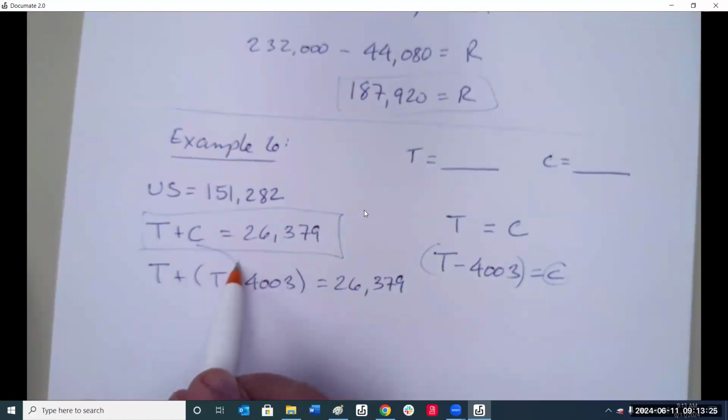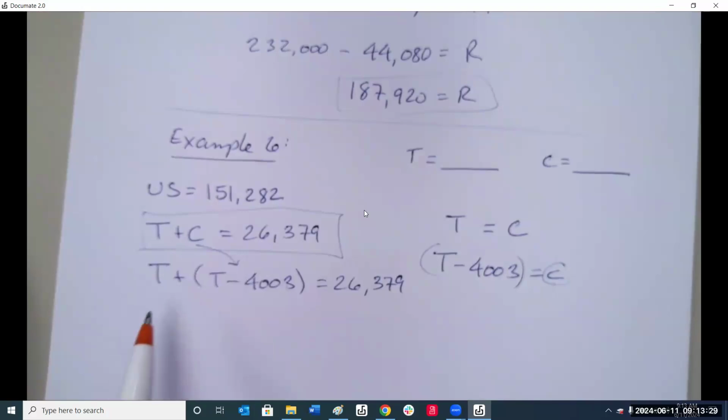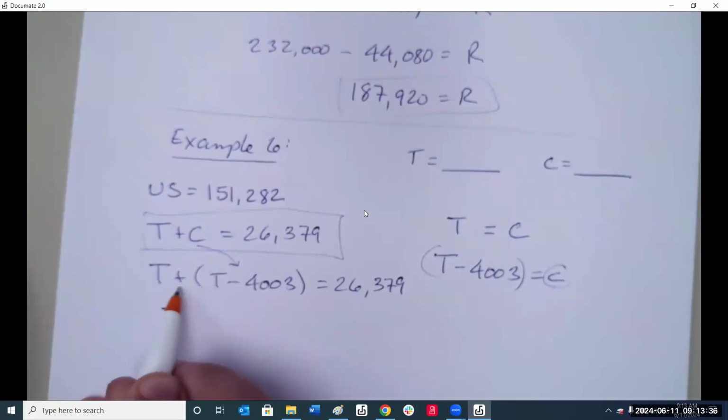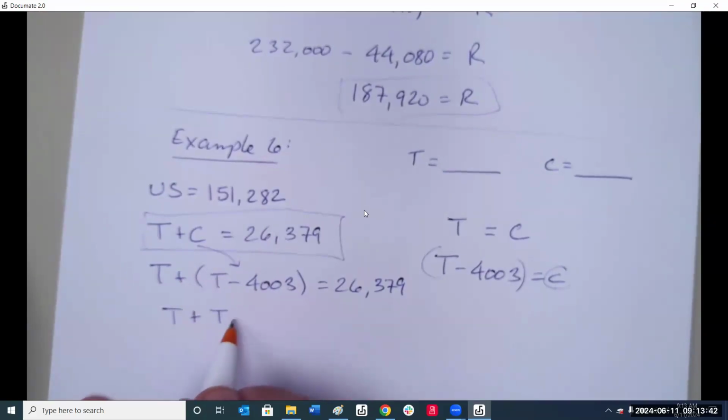So we know what C equals. Now we have one equation and one variable. Now we can solve for that variable. Do we need that parenthesis? No, there's nothing in front of it. So we just drop it.